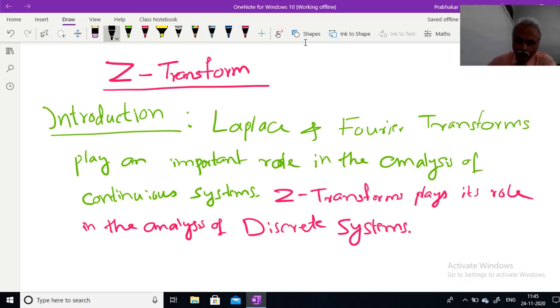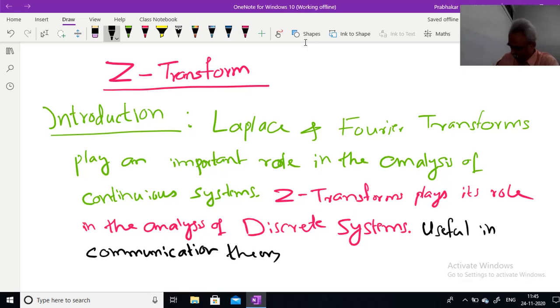This is also definitely useful in communication theory, signals and systems, etc.